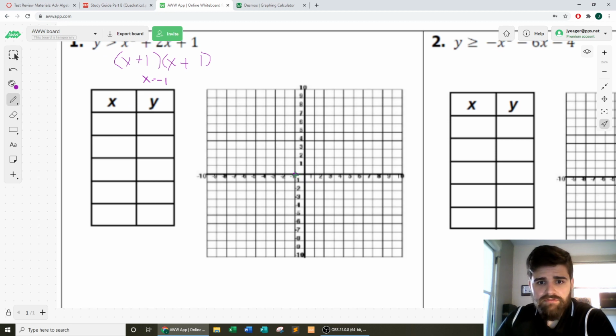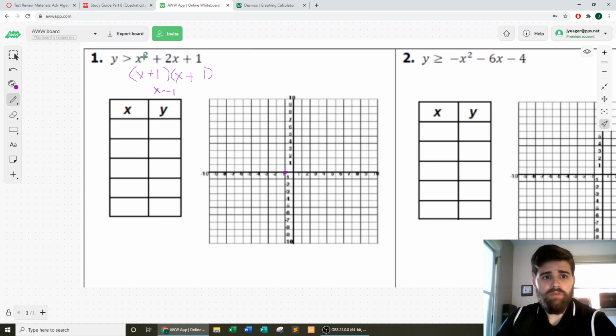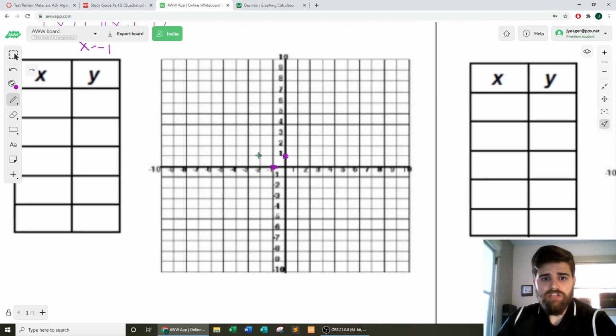I know I have a single root right here. I also know that I have a y-intercept at 1. If I plug in f of 0, I just get the constant on the end. All right, I also know it's a positive. We have a positive number in front of x squared, just a positive 1. So I already know what the shape of this graph is going to look like. It's going to be something like this.